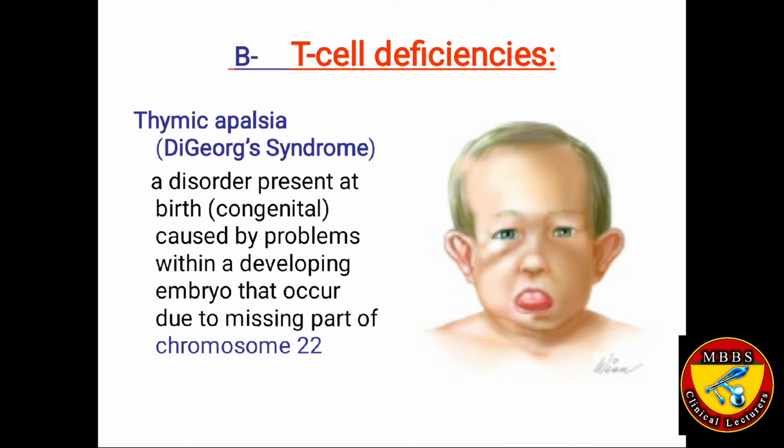Recalling the embryological scenario, the pharyngeal pouches make the thymus, parathyroid, and some of the C cells of the thyroid. So if the pouch is not there or its function is defective, there is a failure of development.